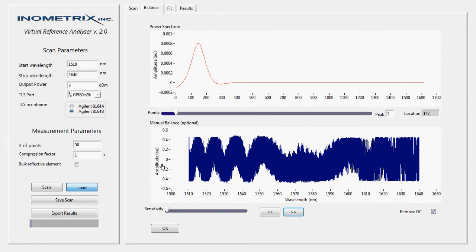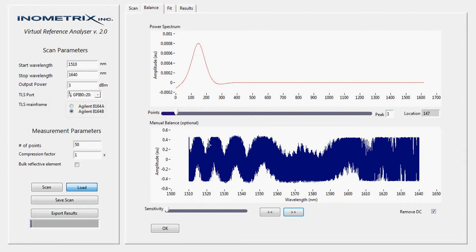And when the cavities are balanced, we get this characteristic interference pattern where the envelope is equivalent to that in a traditional dual arm Michelson or Mach-Zehnder.